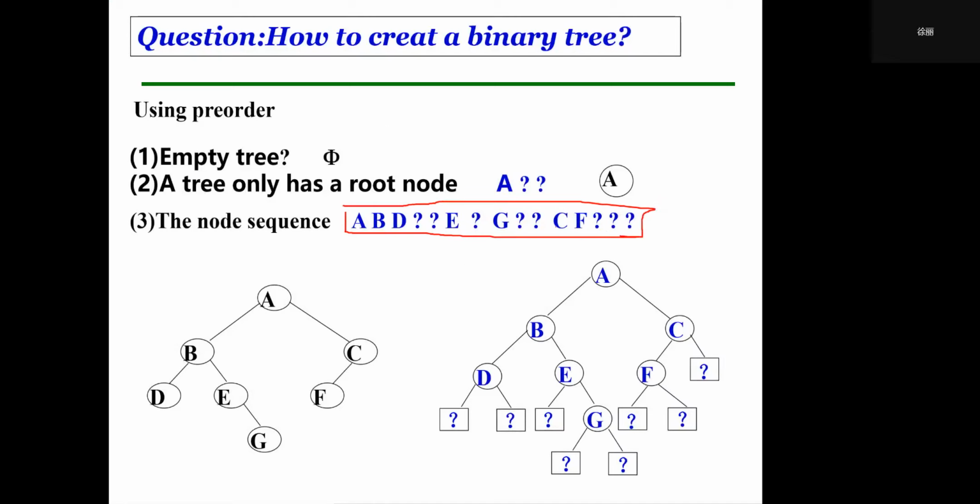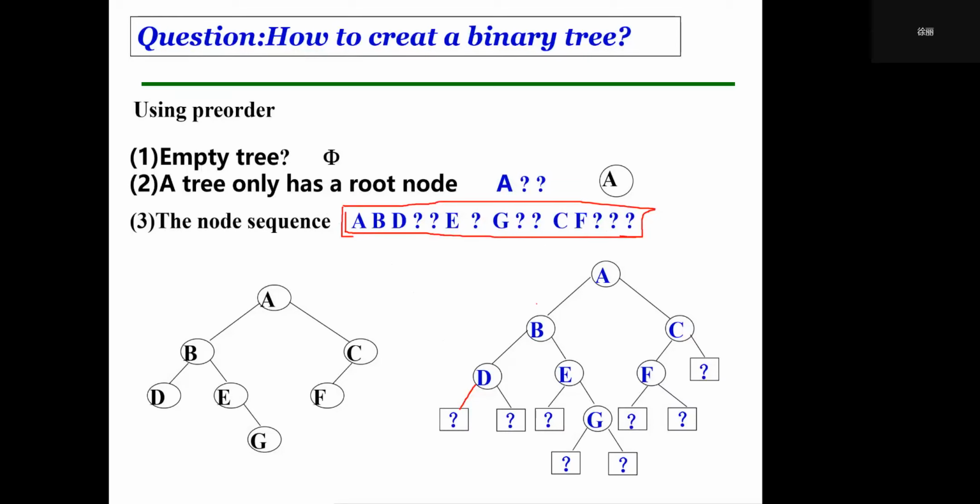Of course, there is some difference between this sequence and the pre-order sequence, because in this sequence, if the left child or right child of a node is none, you need to use a question mark to represent that.